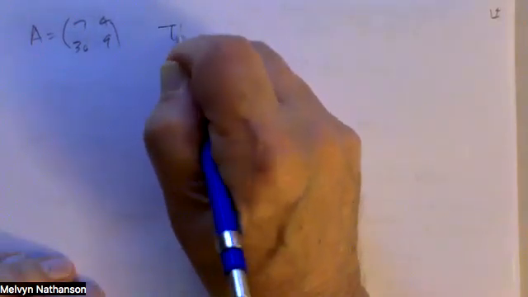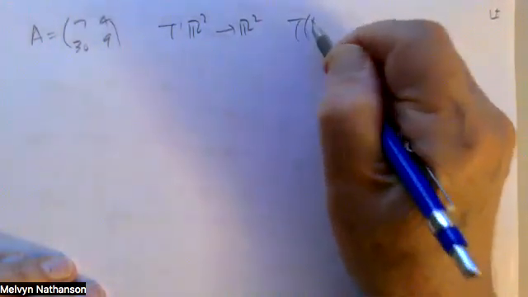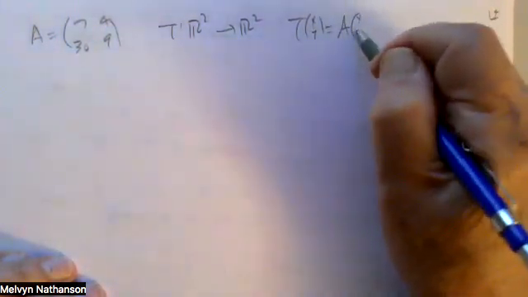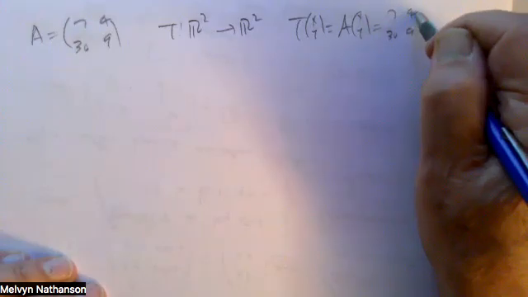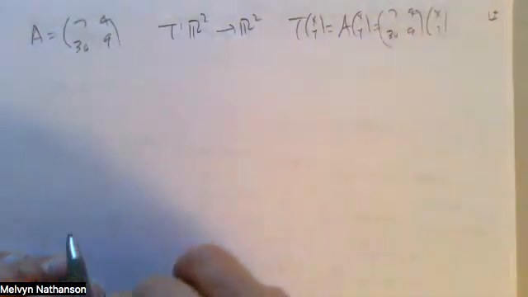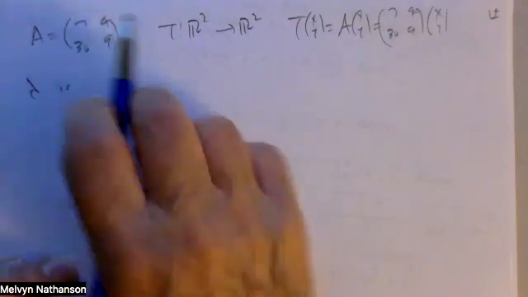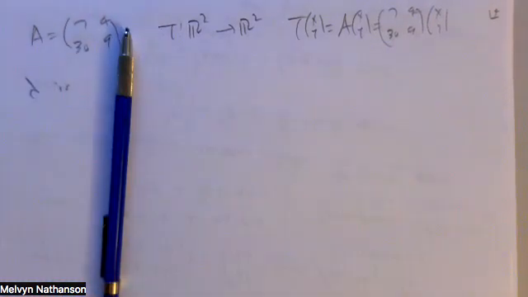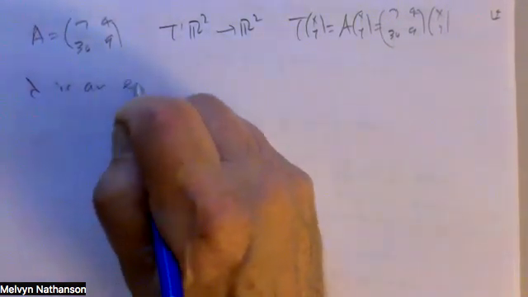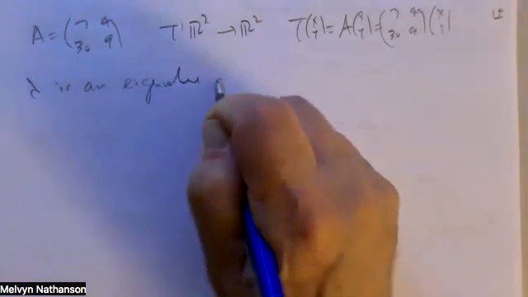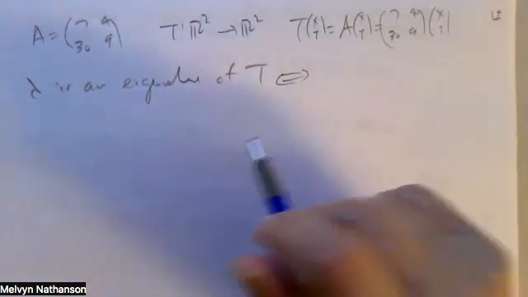And I define the linear operator from R2 to R2 by T of (x, y) is this matrix A times (x, y), which is 7, 4, 30, 9 applied to (x, y). So lambda is an eigenvalue of T if and only if it's a root of the quadratic equation.